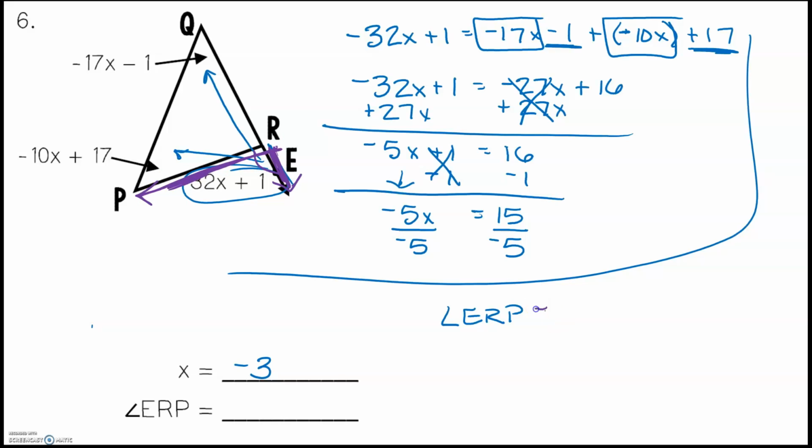So I need the expression for that exterior angle. Take the x out and put the negative 3 in its place. We multiply first, and negative times a negative gives me a positive, and 32 times 3 is going to land me at positive 96 plus 1, so that angle measure is going to be 97 degrees.